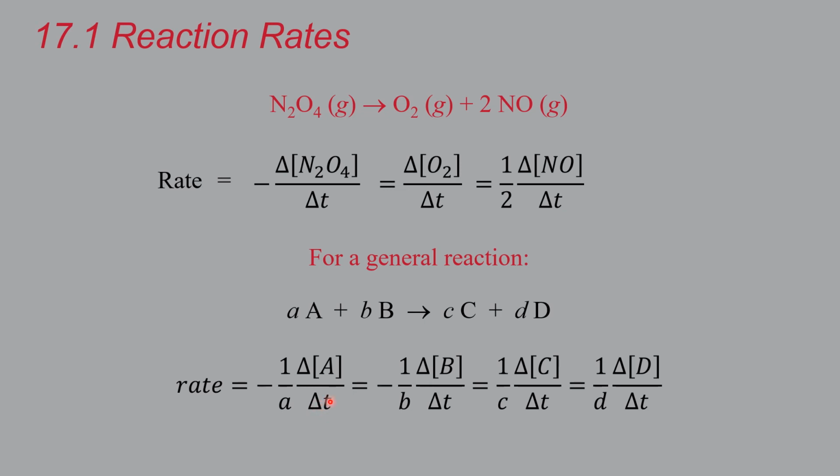And furthermore, if your component is a reactant, you need to put a negative sign in front. If it's a product, you still need to divide by the coefficient, but there's no negative sign. And when we do that, it actually doesn't matter which concentration you're studying, A, B, C, or D. You will always get the same reaction rate.